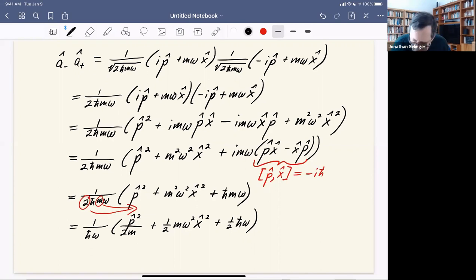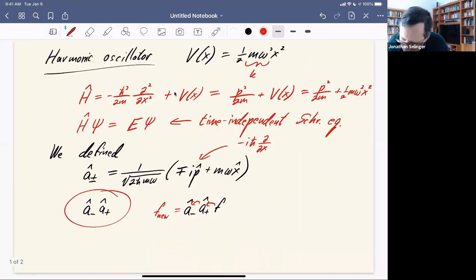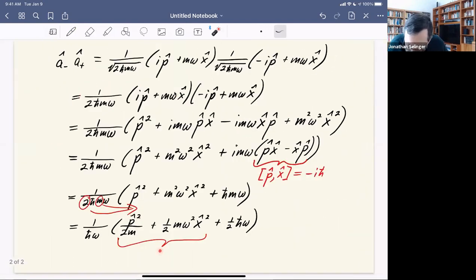And now we can look at this and say, well, we recognize this combination. This p squared over 2m plus 1/2 m omega squared x squared. Let's go back to the Hamiltonian. That is the Hamiltonian right over here for the harmonic oscillator. So that means we can relate the A plus and A minus operators to the Hamiltonian.